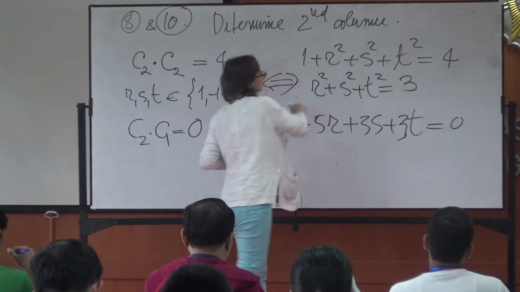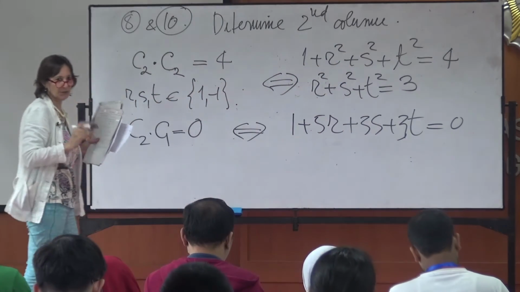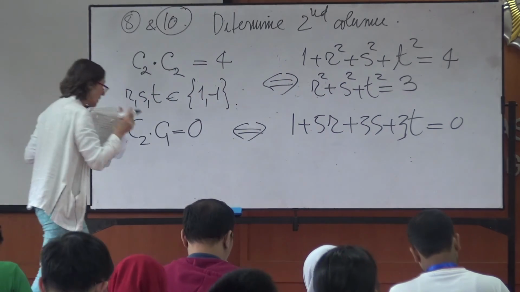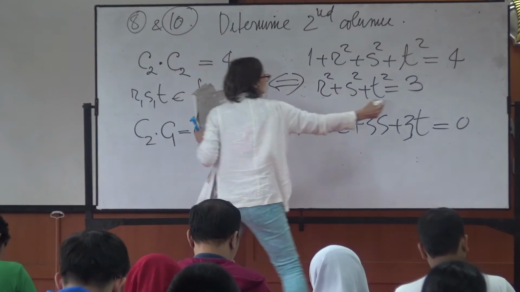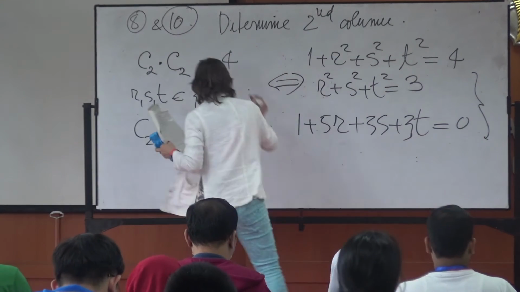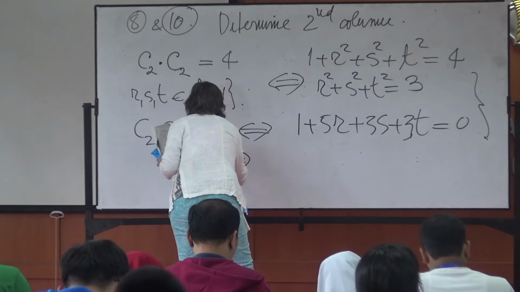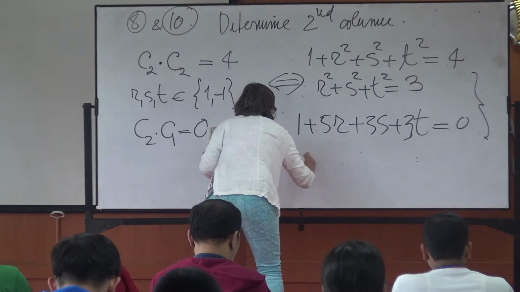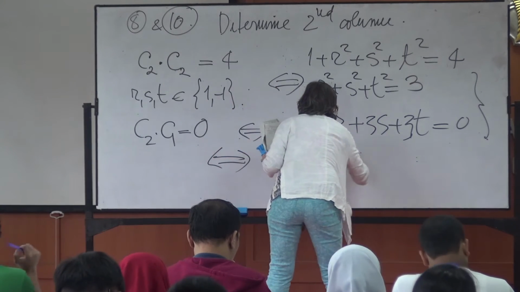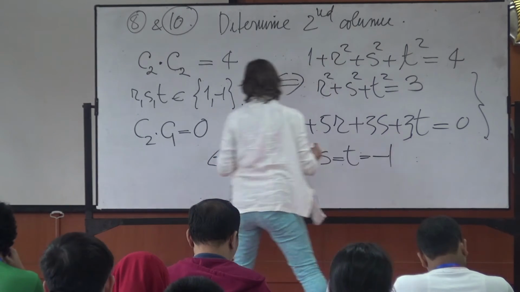Now if we put these two together, then R is equal to 1, S and T are minus 1, excuse me.